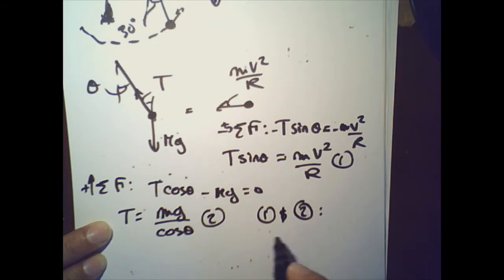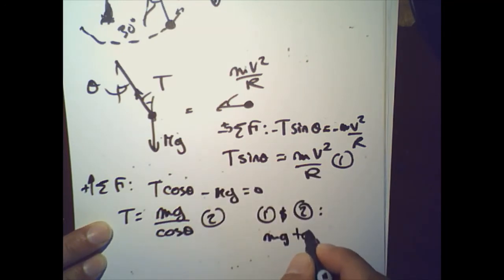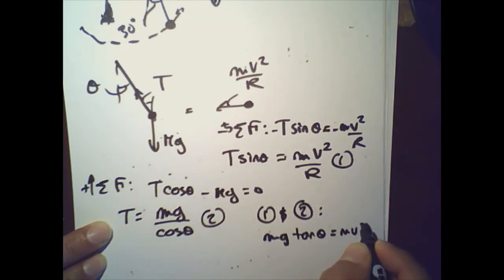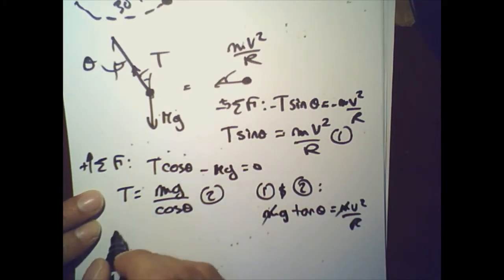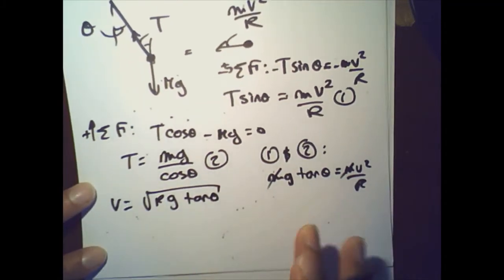That gives mg tangent theta equals mv squared over r. So m and m cancel out, and v is equal to the square root of r g tangent theta.